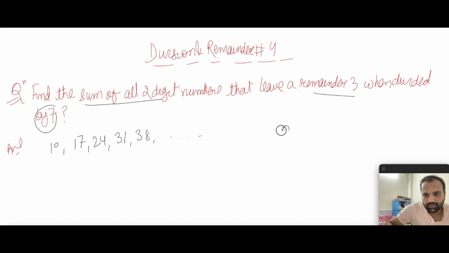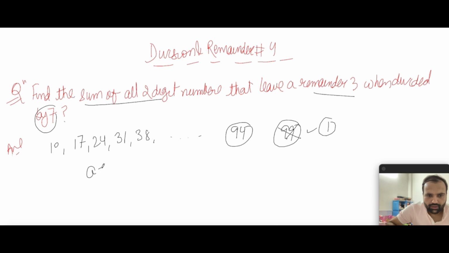The last two-digit number is 99, but we know that 99 would not help us because the remainder over here would be 1. So where do we have to stop? We can say 13 times 7 is 91, so 91 plus 3 should be the last two-digit number upon division by 7 which would give us a remainder of 3.